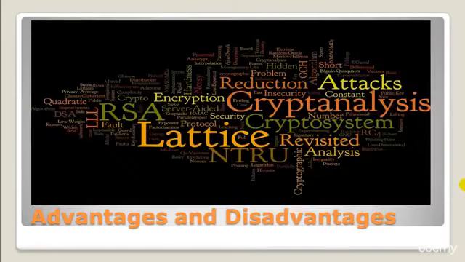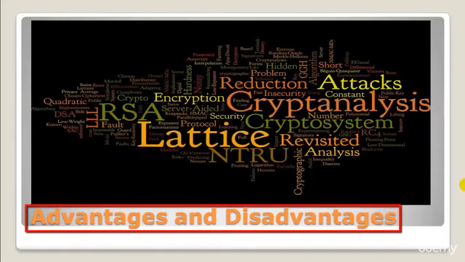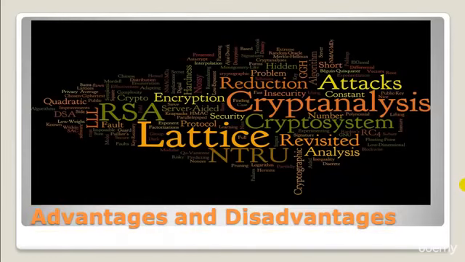Finally, we come to the advantages and disadvantages of cryptography. Even though public key cryptography is the accepted standard, it's not foolproof. For this reason, it has not completely replaced symmetric cryptography. The biggest advantage of public key cryptography is the secure nature of the private key.